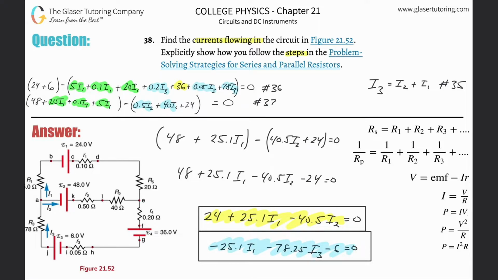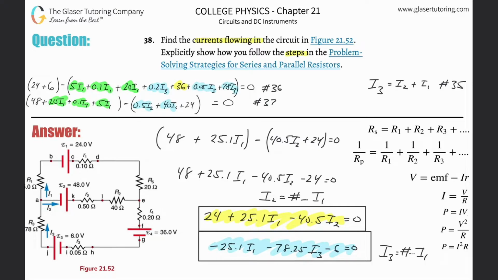Now what that allows you to do, if you think about it, if you solve this equation for I2, you'll get I2 equals some set of numbers, with your I1 on the other side, right? And then if you solve this equation for I3, you'll get I3 equals some set of numbers, with an I1 on the other side.